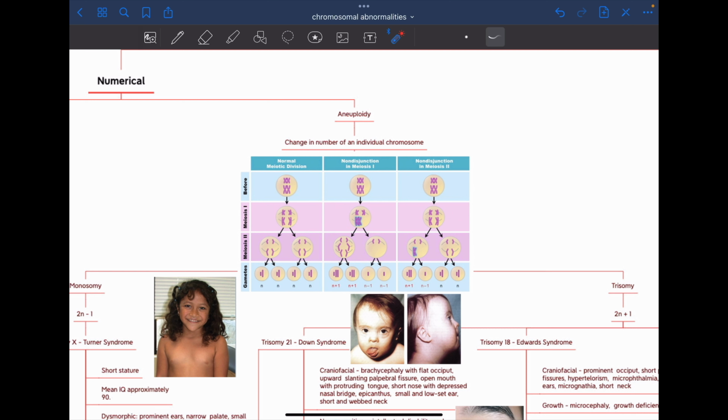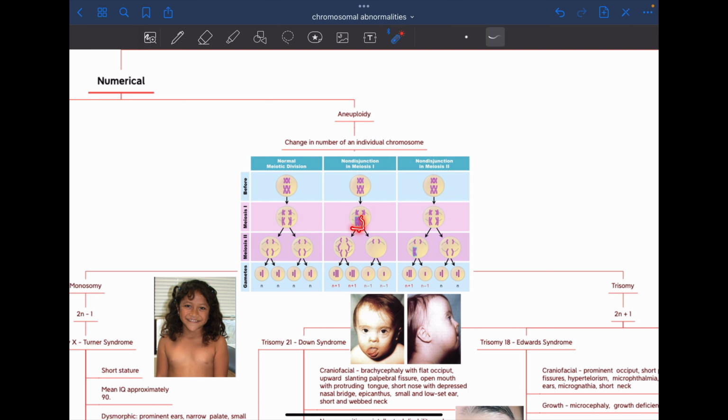Non-disjunction can happen in either one. It can happen in meiosis 1 or in meiosis 2. In the case of meiosis 1, it's a bit more severe because it is from the beginning, and all 4 gametes will be impacted. All of them will have an abnormal number of chromosomes. In meiosis 2, only 2 of them will have an abnormal number. So in meiosis 1, one of the homologous chromosomes found in the cells will not separate properly.